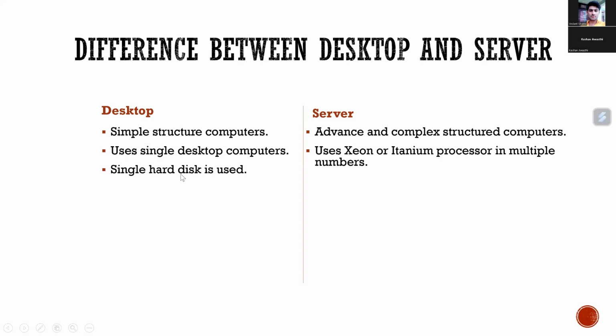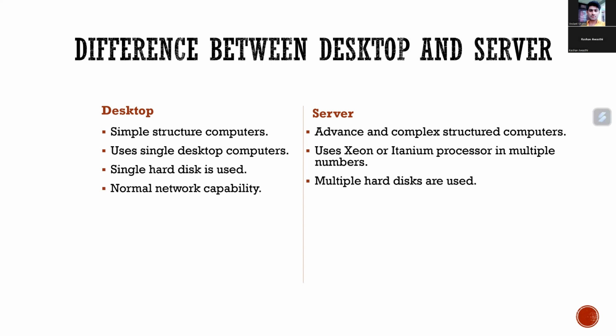Next difference is that a single hard disk is normally used. A basic computer consists of a single hard disk or two hard disks, but a server does not consist of a single hard disk. It is made up of multiple hard disks used at the same time, simultaneously, I can say.